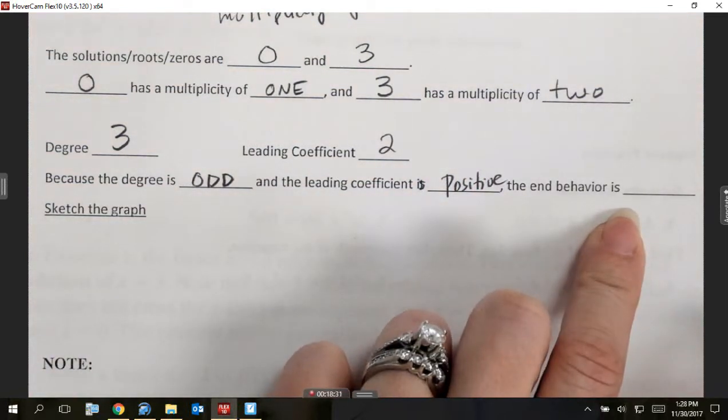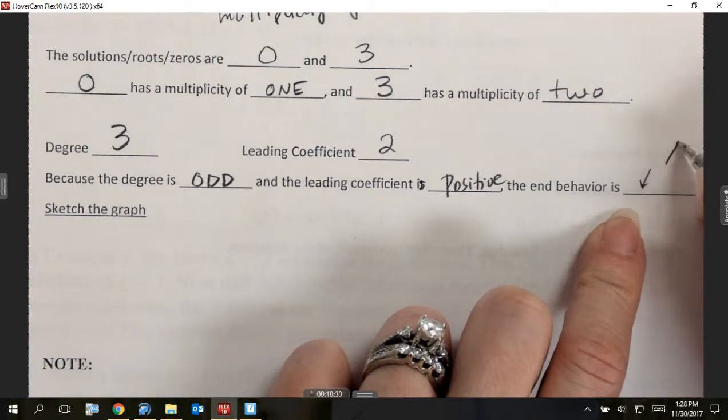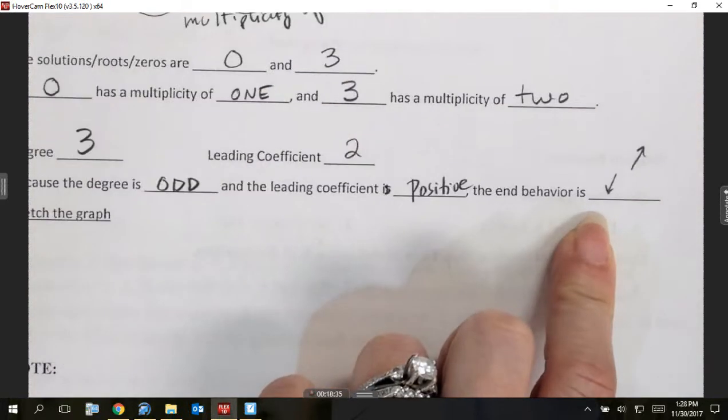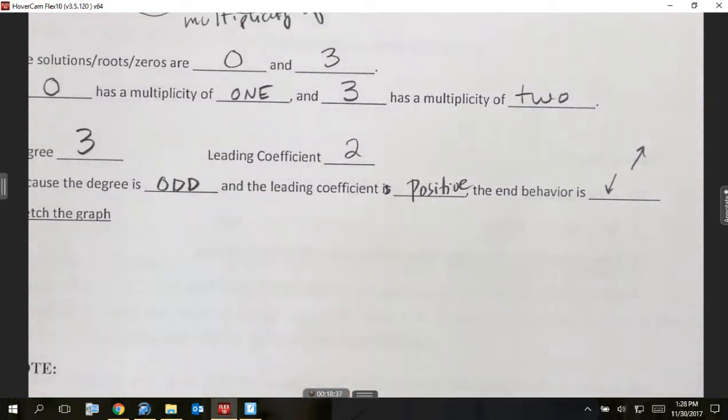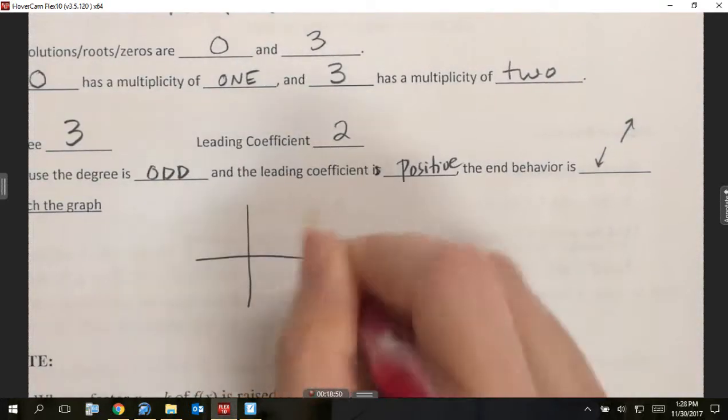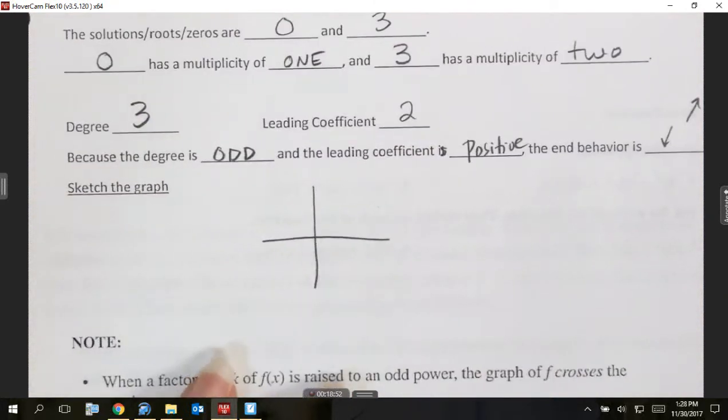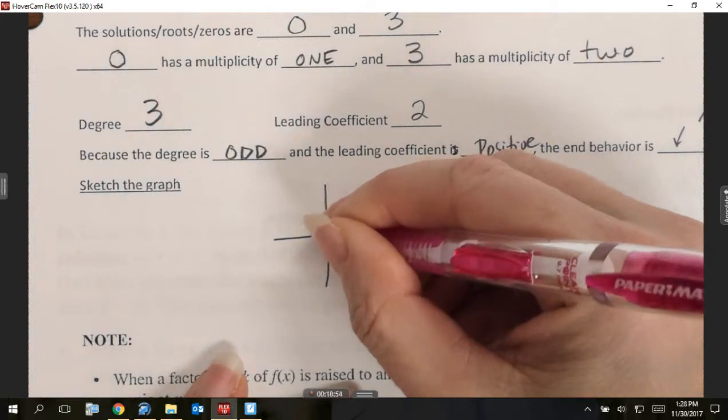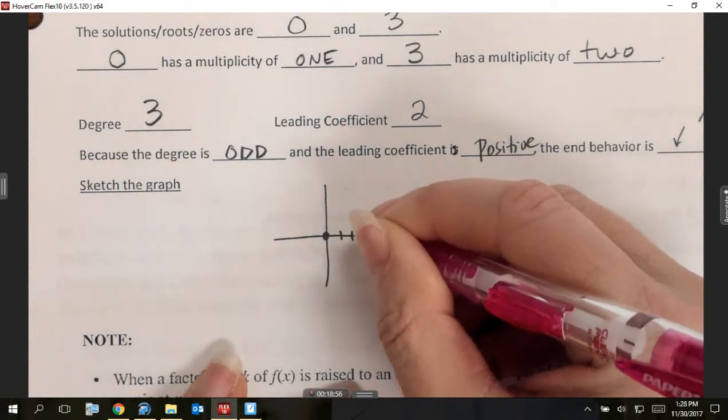The end behavior is, and I'm just going to sketch that. I'm going to review end behavior. So we're going to sketch a graph without looking at it first. So I know that we have x-intercepts at 0 and at 3.